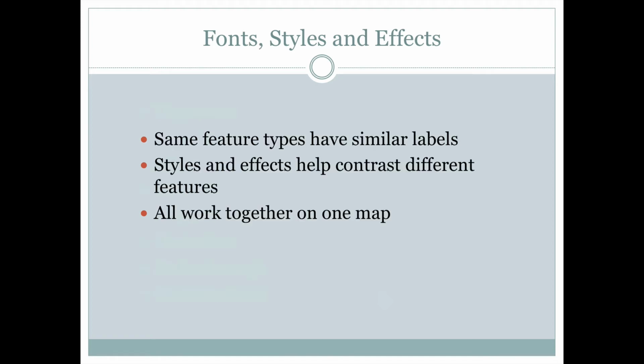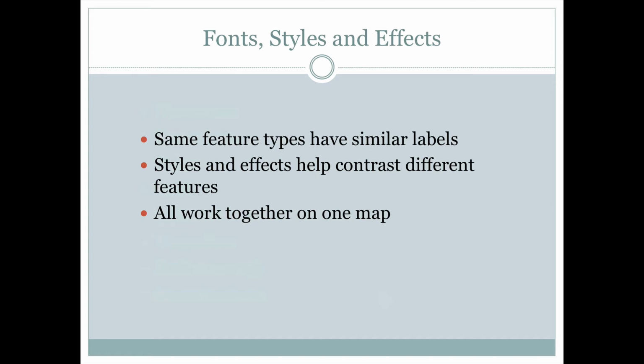So when we're putting these fonts onto a map, what we want to do is have the fonts reinforce what we're trying to show on the map. So if we have one type of feature, like the states of the United States, and we want all those features, their labels, to be easily distinguishable, we might have those all in the same font, the same typeface, the same all caps, however we want to do that.